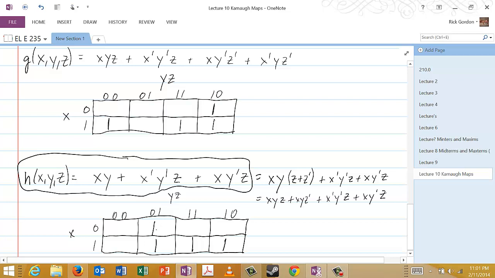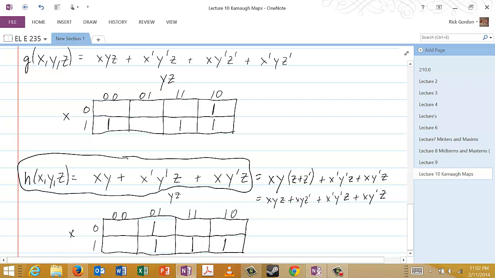And so in this case, we see that the second term corresponds to 1 1 cell. The last term corresponds to 1 1 cell. But the first term actually corresponds to 2 adjacent 1 cells. The 1, 1, 1 cell that we picked up from this first term, and the 1, 1, 0, this one, that we got from the second term. But both of these cells here came from our first term, x, y.